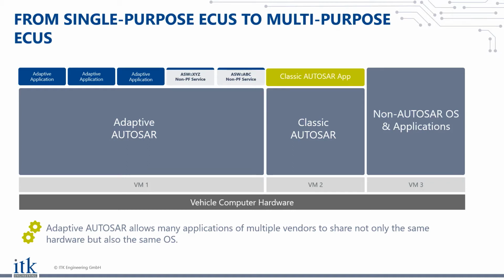Here you have multiple applications, so-called adaptive applications, which can come from very different domains. You can have safety-critical adaptive applications side by side with infotainment applications, and the functionality and so the character of your ECU is not necessarily determined during development time of your project, because adaptive applications can be added in the field.